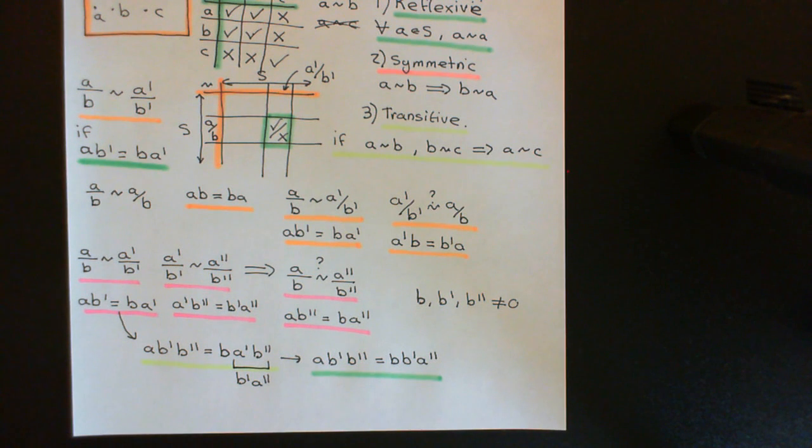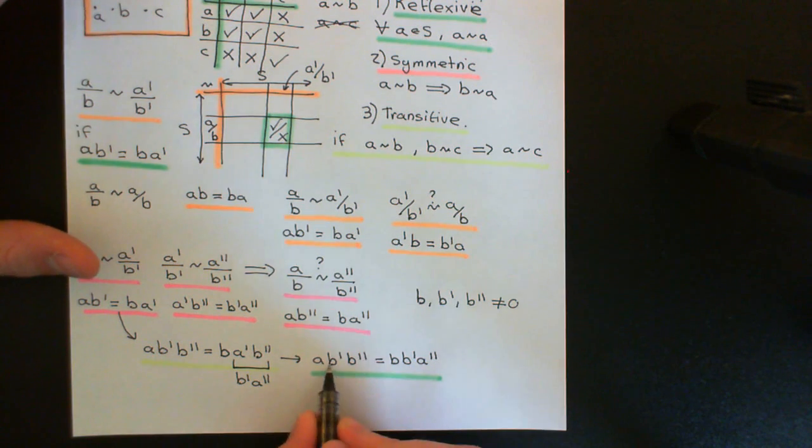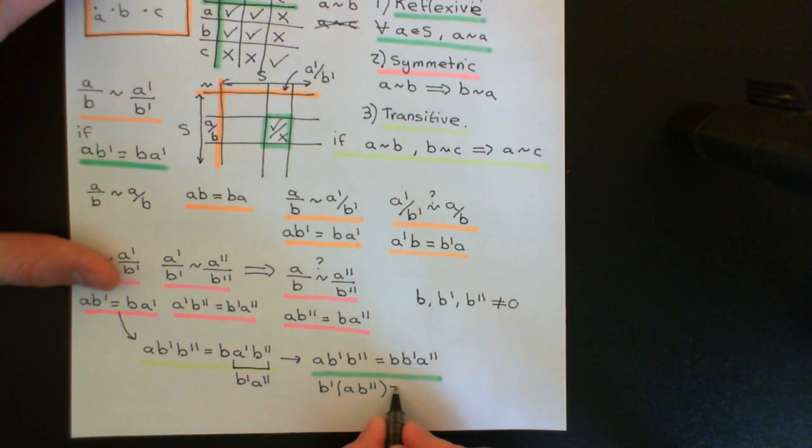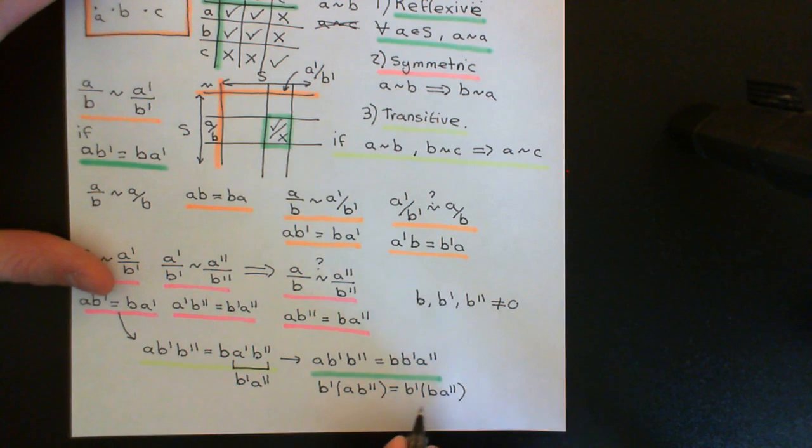I'm also about to use the fact that this is an integral domain, so it obeys the cancellation law. If I've got b prime in both of these, I can just apply commutativity and associativity of multiplication to turn this into b prime times a times b double prime is equal to b prime out the front again, times b times a double prime, like so.